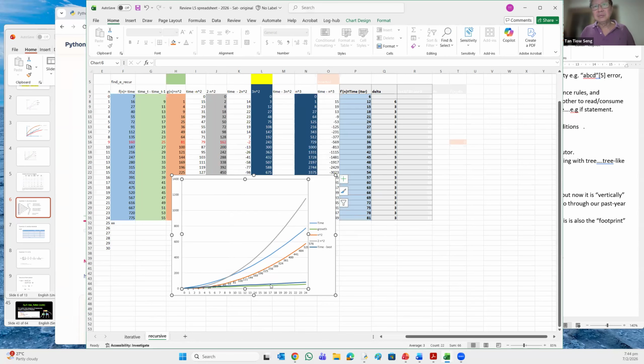Yes. Okay, and this curve, the one in the dark blue. So this guy is shown here.